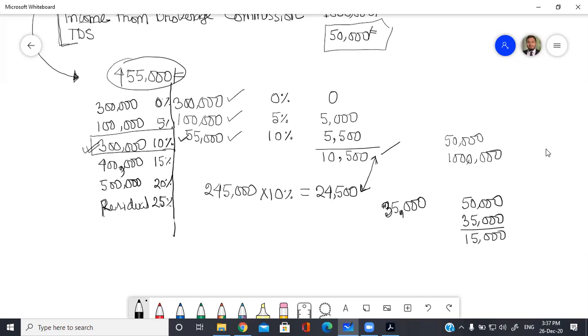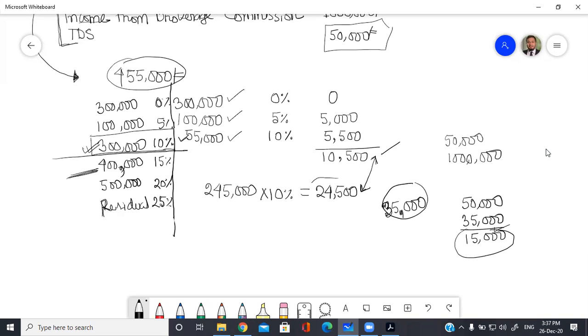Now, let's see for how much income this 15,000 taka tax is applicable. We have calculated up to this, and now we are in this region. Up to this, we have a tax liability of 35,000 for our assessee.